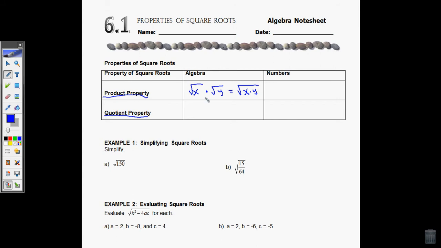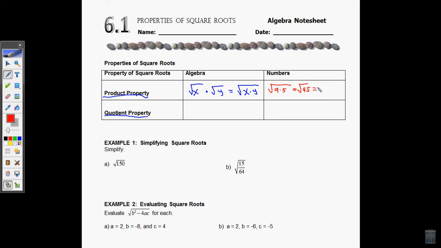Seems pretty simple, right? So let's take a look at how that works with some numbers. Let's say that I have the square root of 9 times 5, also known as the square root of 45. Then that should be the exact same thing, since it's 9 times 5 underneath the square root.